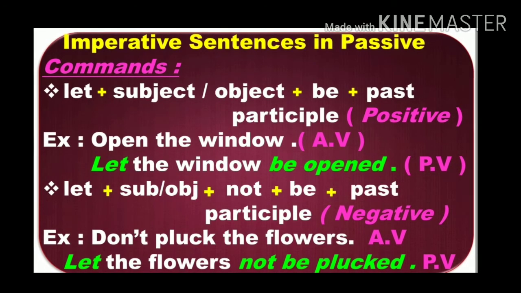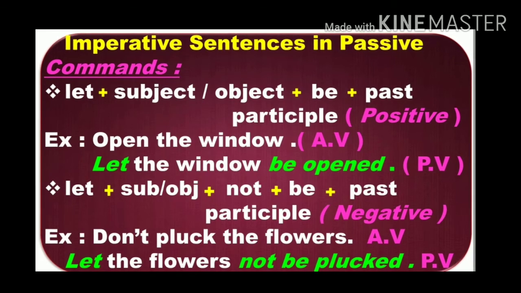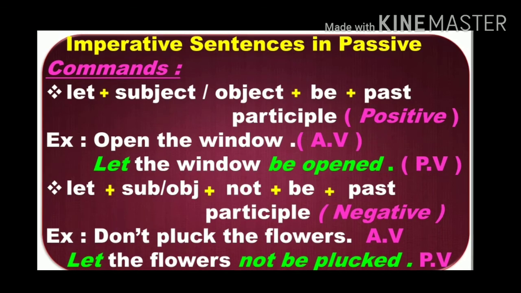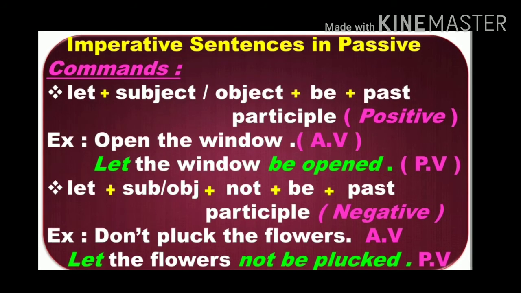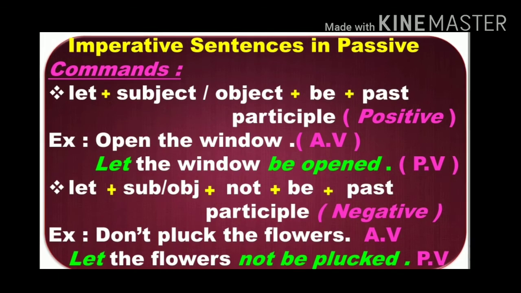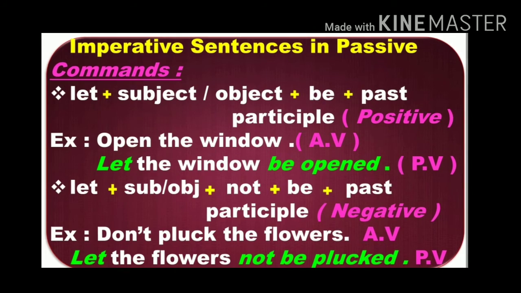So look at the sentence structure: let plus subject or object, along with that we should use the be verb, and then we should add the past participle verb of the main verb. This is for the positive sentence.